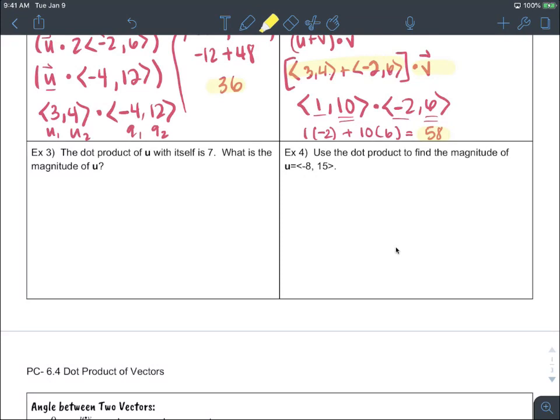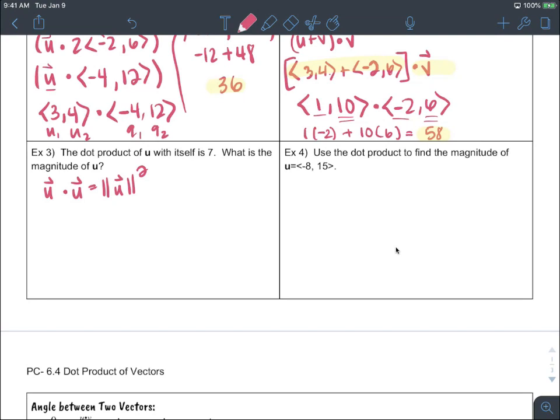The dot product of u with itself is 7. What is the magnitude of u? The magnitude of u is u dot u is equal to the magnitude of u squared. That's one of our properties.